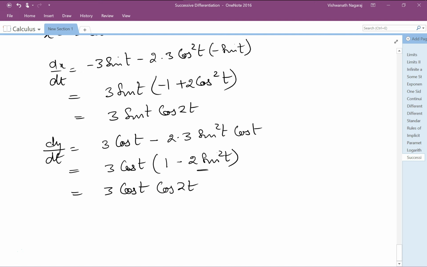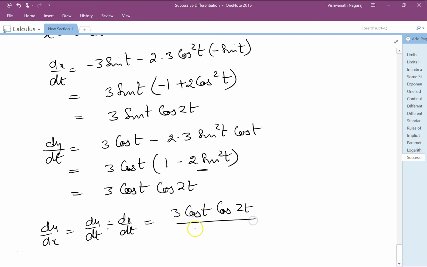So now if you want dy by dx equal to dy by dt divided by dx by dt, so dy by dt is 3 cos t cos 2t divided by 3 sin t cos 2t.